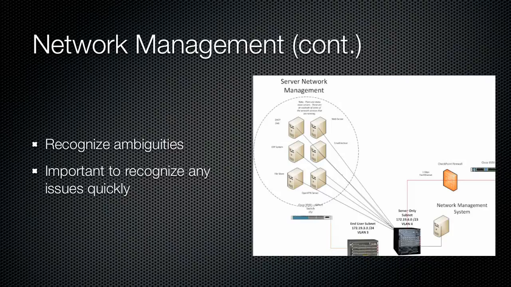Monitoring helps recognize those issues, which could be potential attacks, denial of service attacks, or data upload, stealing confidential and financial data from the servers. And the monitoring helps to prevent those things. So like I said, it's important to recognize any issues, and you can do that through monitoring.